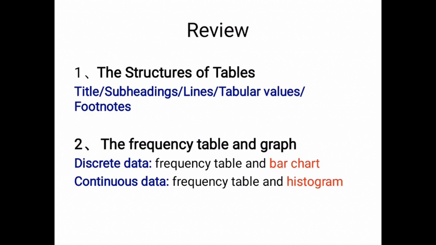The frequency table is the most widely used table. Depending on the different types of numerical data, the frequency tables are different. We know there are 2 types of numerical data, including numerical discrete data and numerical continuous data.